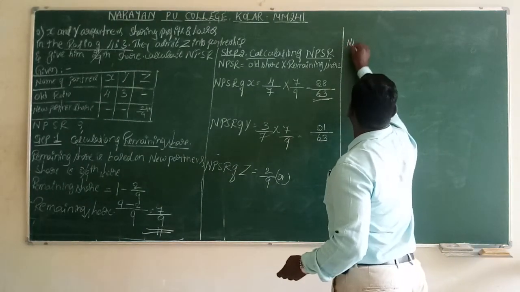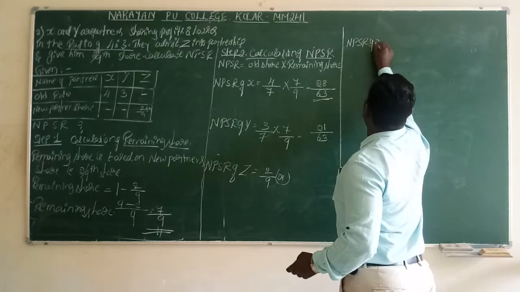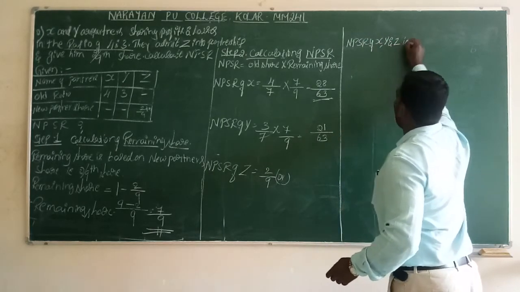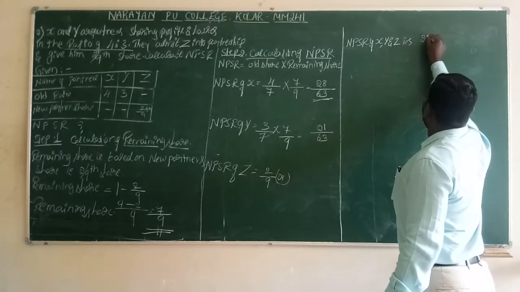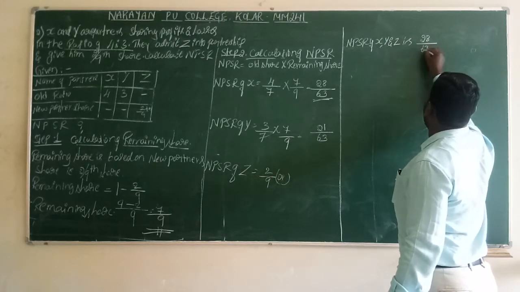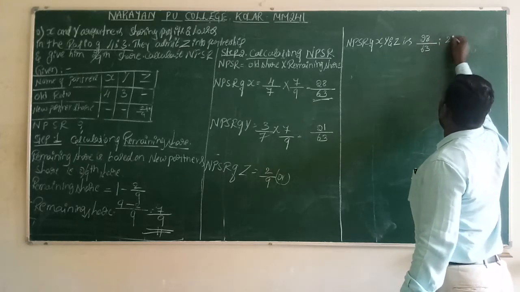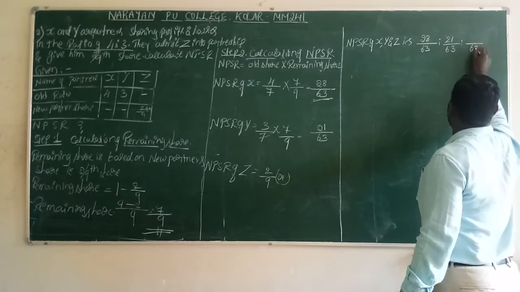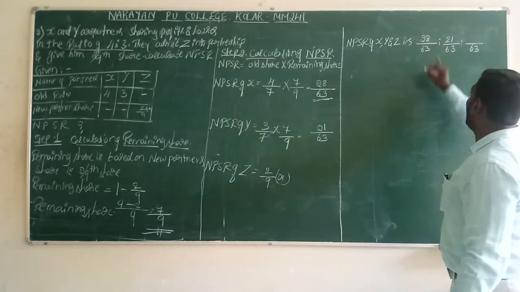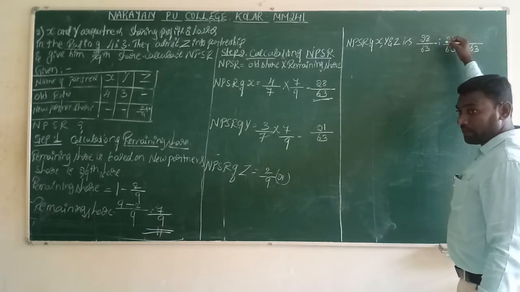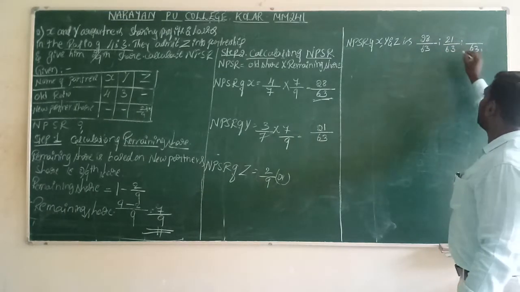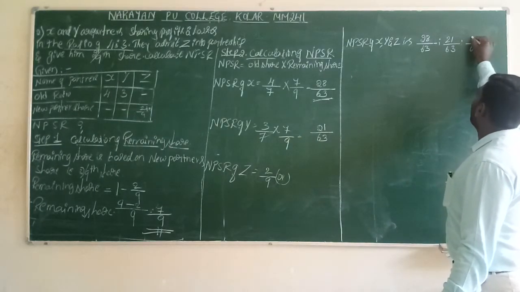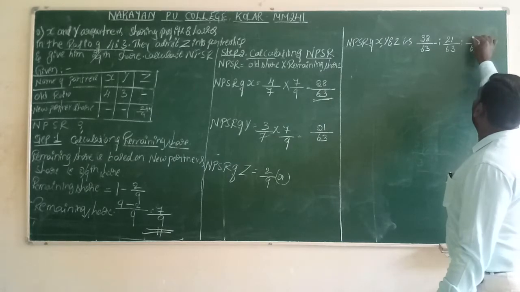Therefore NPSR of X, Y and Z is 28 divided by 63 is to 21 divided by 63 is to, again with 63 as the common denominator. 28 plus 21 is 49, and 63 minus 49 gives the missing fraction, which is 14.